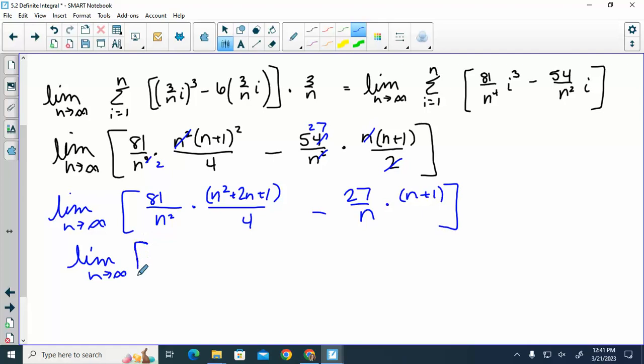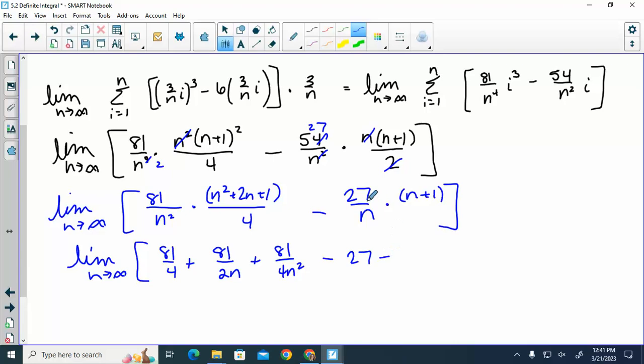So we get 81 n squared over 4 n squared. So 81 over 4 plus 162 n over 4 n squared. So 81 over 2 n plus minus 27 n over n.